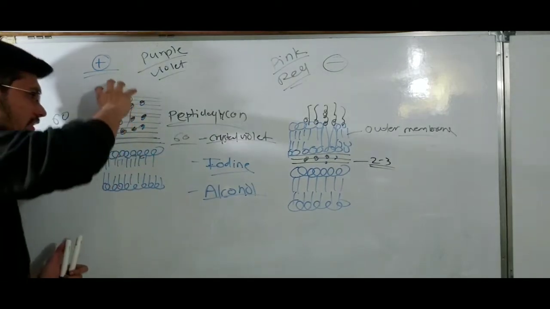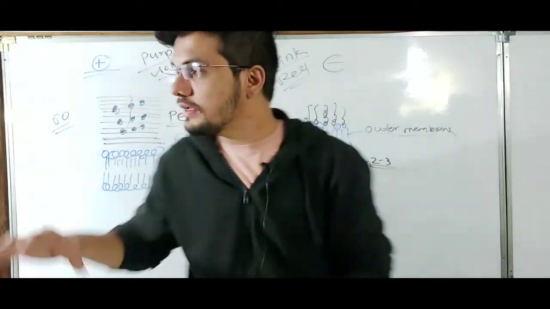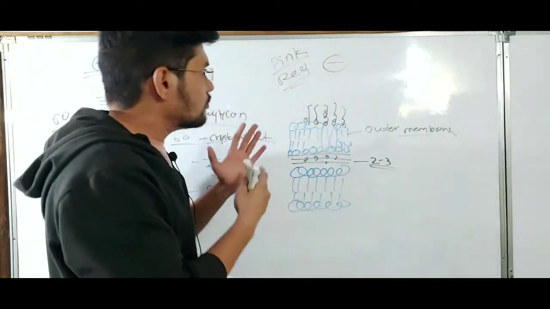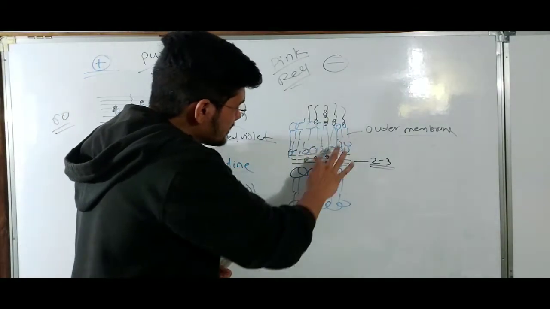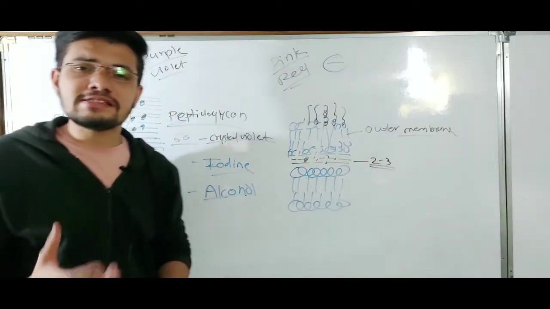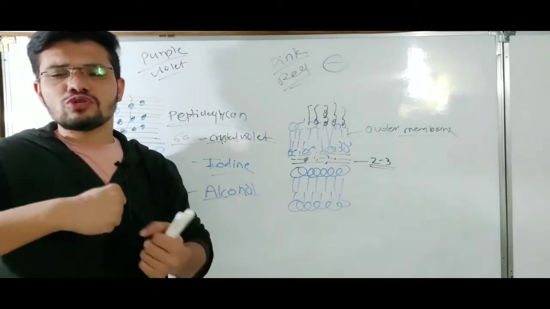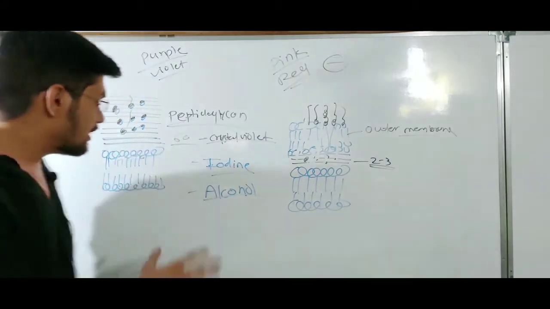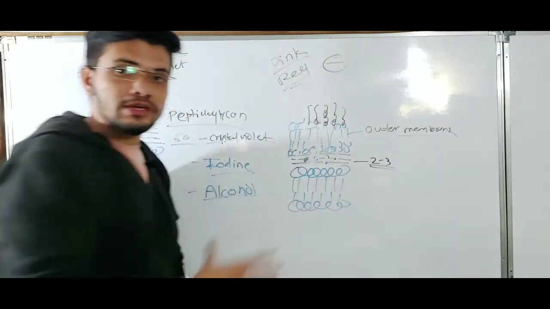So in the case of the gram positive cell wall, this dye will be fixed more firmly, and in the case of the gram negative cell wall, it will dissolve these membranes, and the molecules of the crystal violet, which were strongly attached to the peptidoglycan layers, get removed with the help of alcohol in gram negative bacteria only.